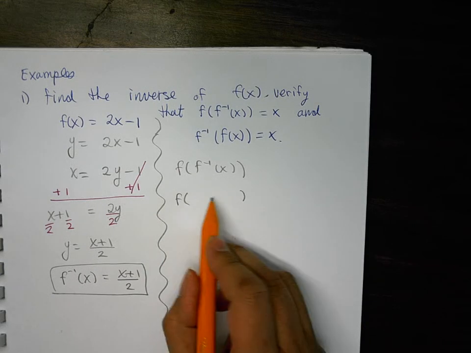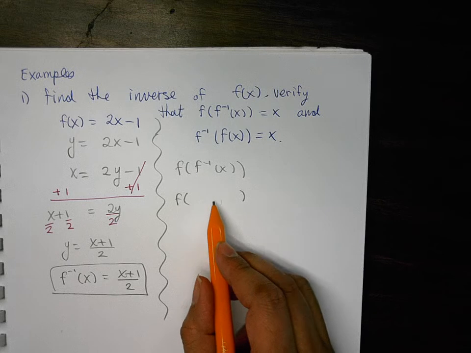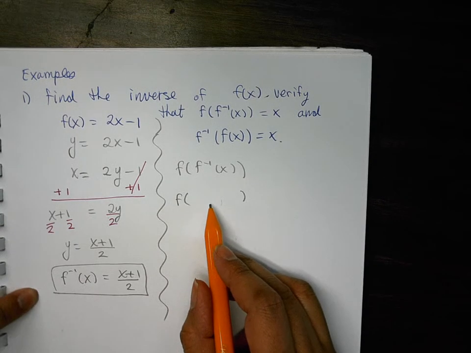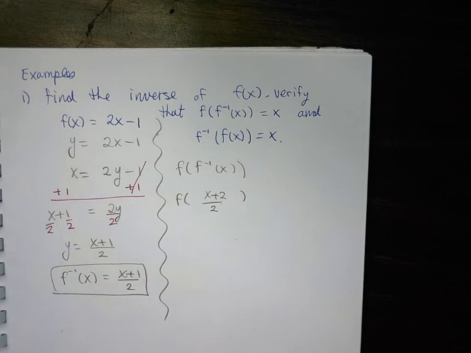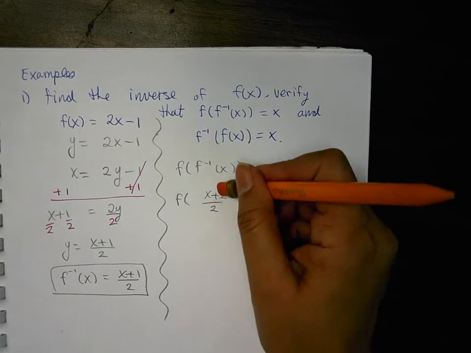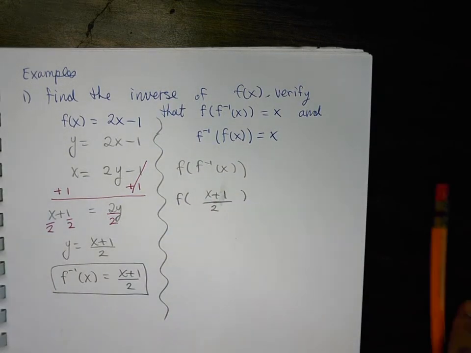Okay, I'm going to go slow, so I need you listening. F of, I'm just going to write down what f inverse is right in here. What is my f inverse function? The original one or the one I found? All right, thank you. X plus 1 over 2.